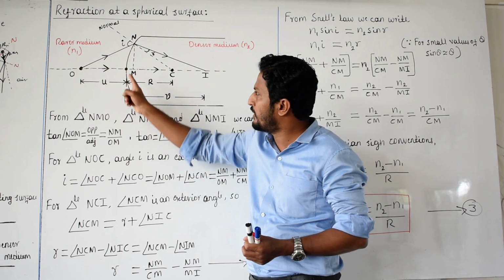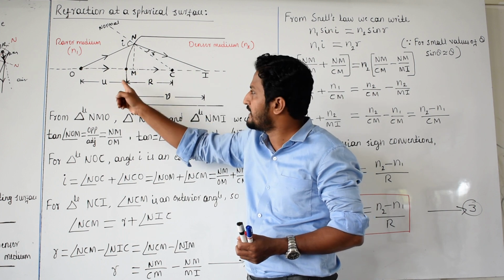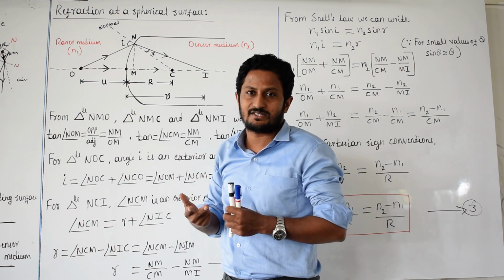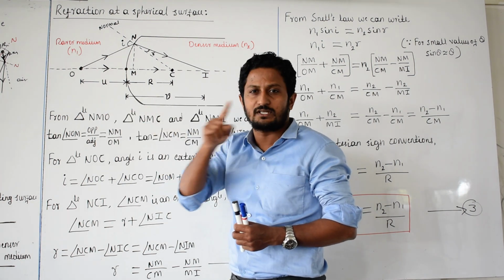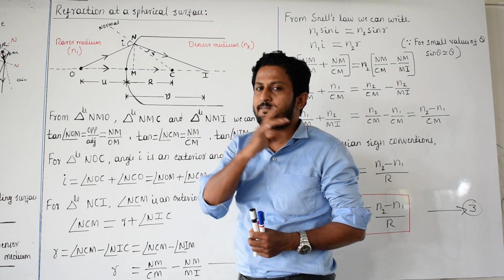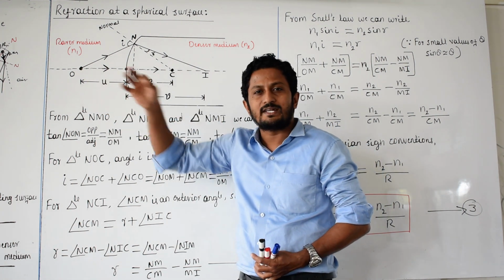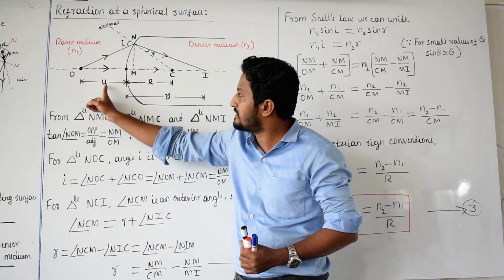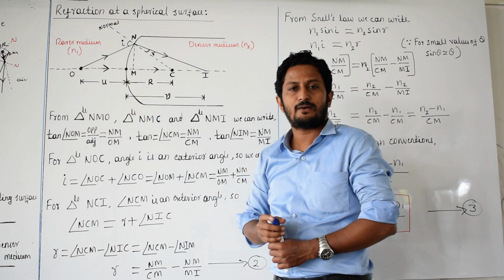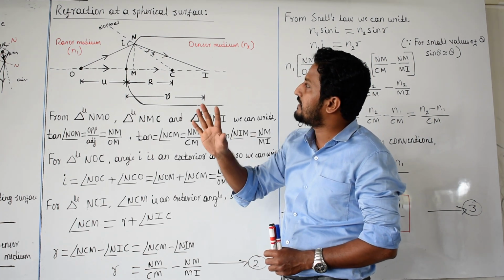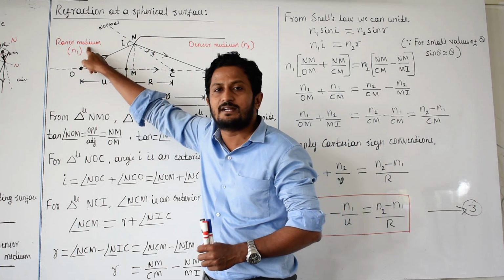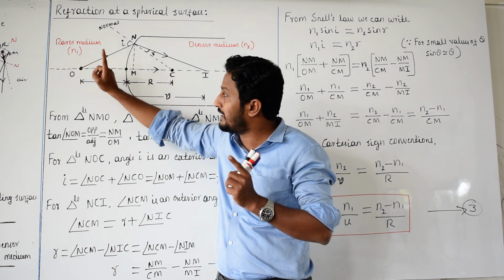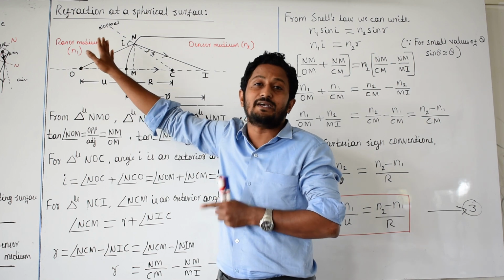From here to here, this is the object distance, so I mentioned it with a small letter u. Let O be an object placed on the principal axis at a distance u from the pole. Now see here, we placed that object in the rarer medium.